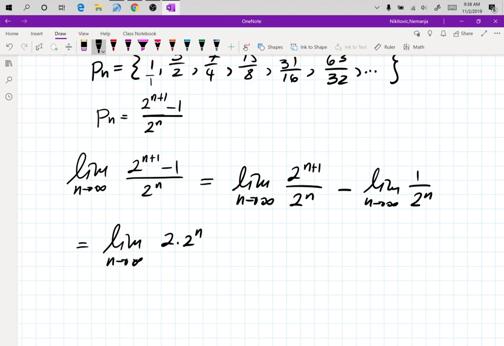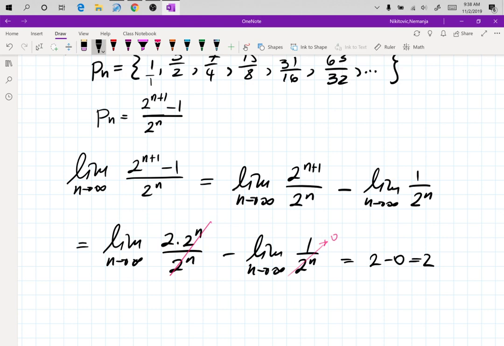So 2 times 2 to the n over 2 to the n, minus the limit, n goes to infinity, of 1 over 2 to the n. These guys cancel. The limit of 2 is 2, minus 0, because when you divide 1 by infinity, you get 0. So this goes to 0. And all we have is 2 minus 0, which is 2. And we move on with our life.